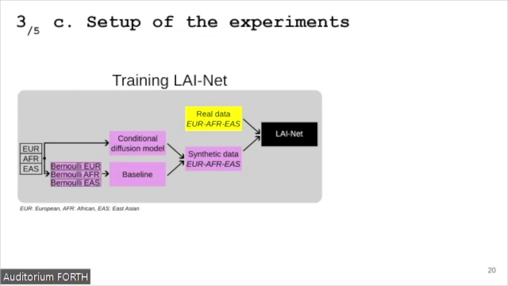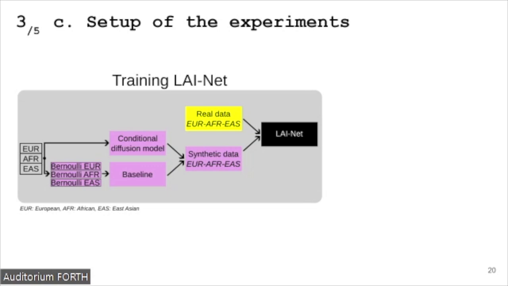We have the diffusion model and also a baseline, which is composed of three Bernoullis, where the parameters of each Bernoulli are computed from the allelic frequencies of the samples coming from the superpopulation. So we have three Bernoullis with three different parameters.